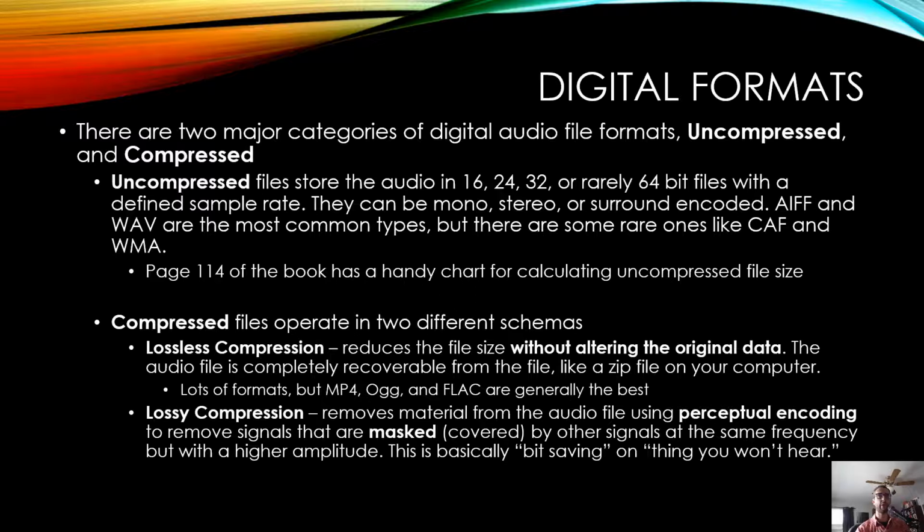Uncompressed stores the audio in 16, 24, 32, or occasionally now 64-bit files with a defined sample rate. They can be mono, stereo, surround. Stuff like AIFF and WAVE are the most common, but there's some other rarer ones like CAF and WMA. Page 114 in the book has a really nice chart for calculating uncompressed file size for mono, stereo, etc.